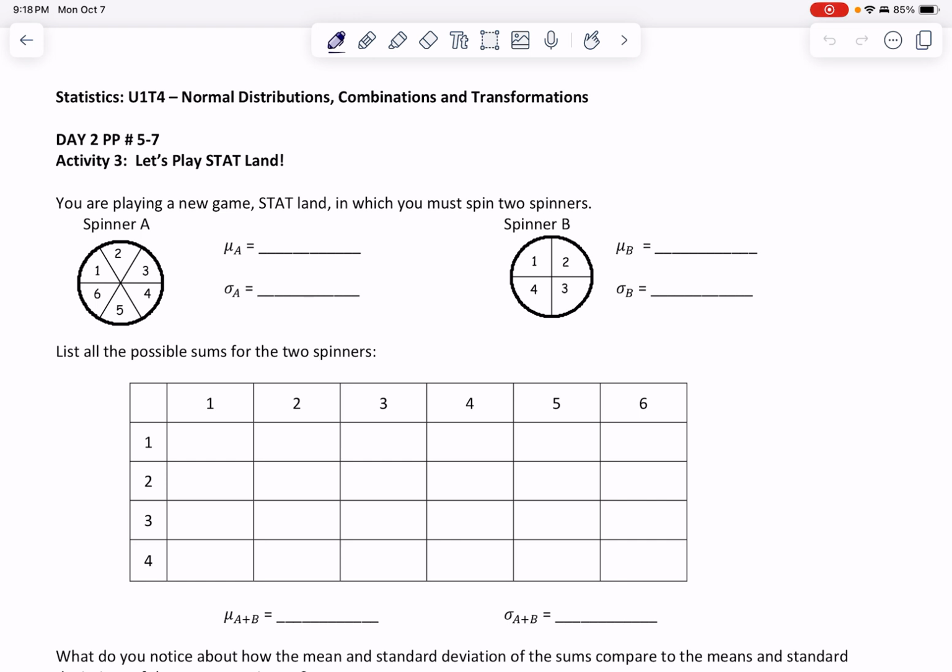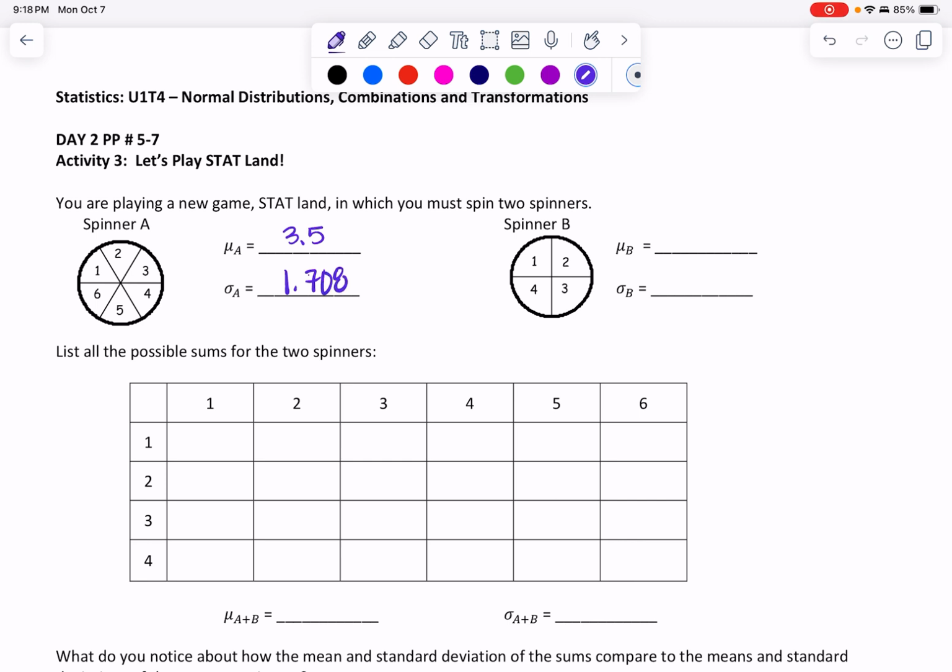I'm going to put those in my calculator and let's do the calculations. For spinner A, we got the mean of 3.5, and for the standard deviation, and we're using the sigma, 1.708.